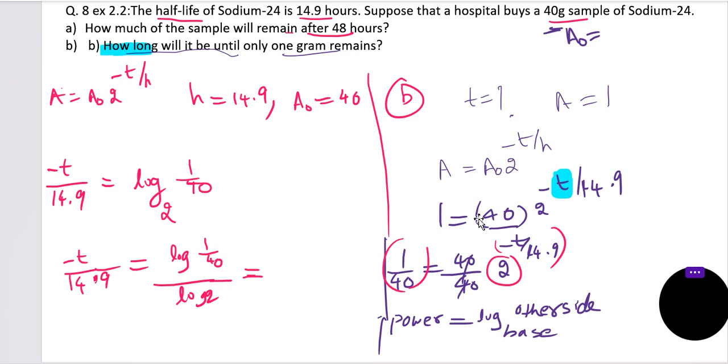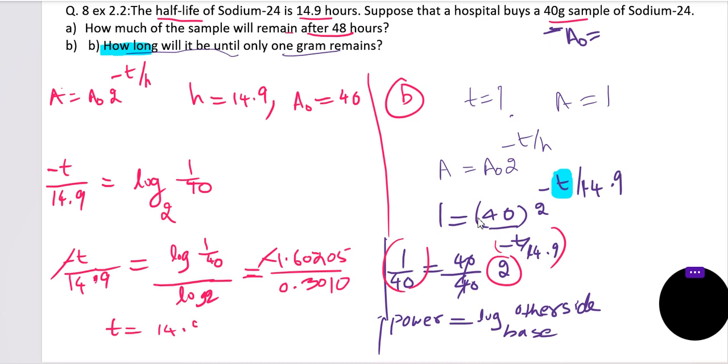From the calculator, we find log of bracket 1 divide 40, which is minus 1.60205, divide by log 2, which is 0.3010. So this minus and minus will get cancelled.